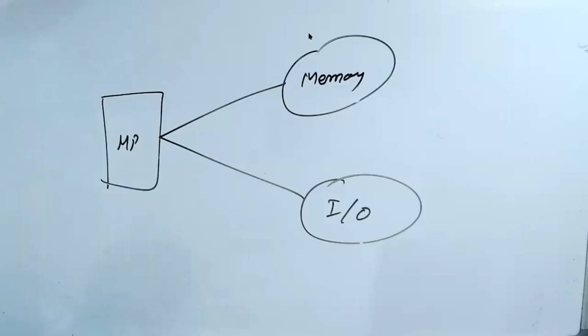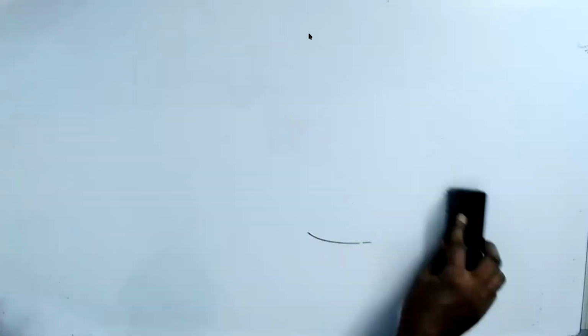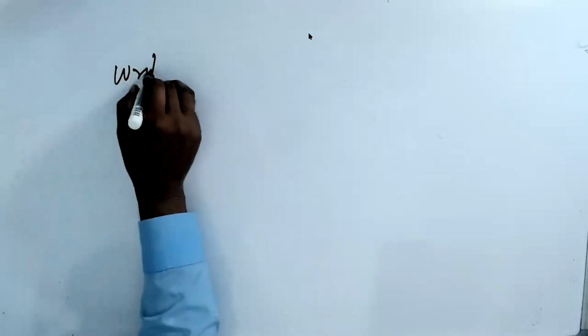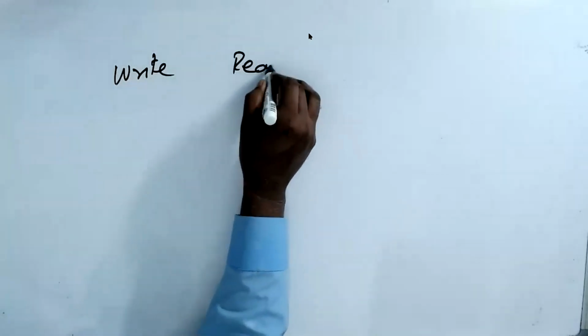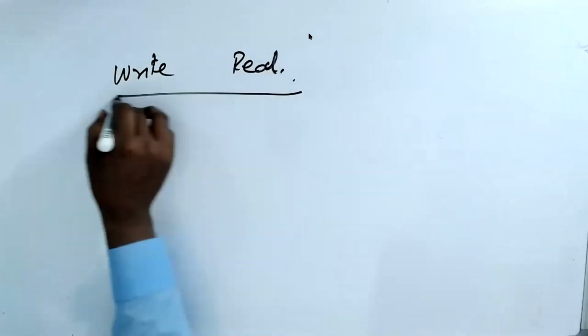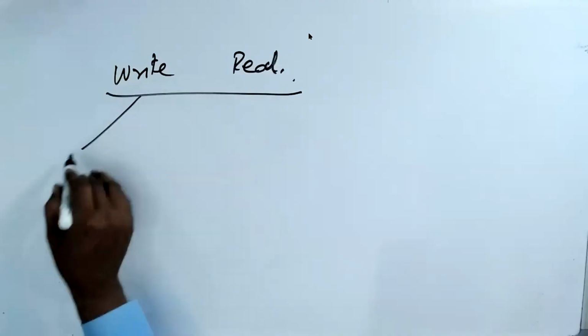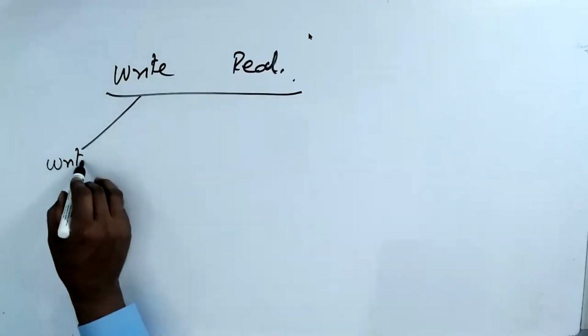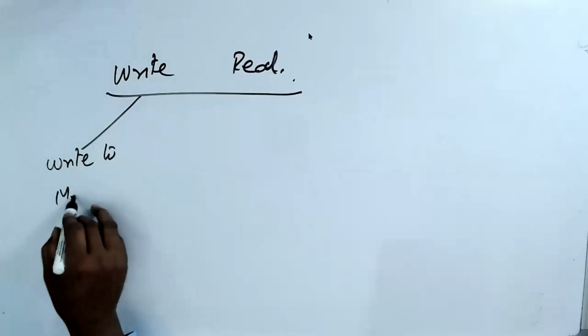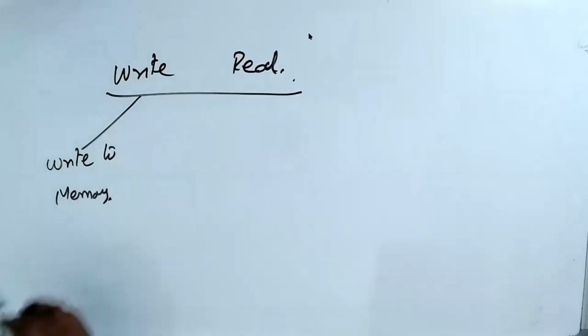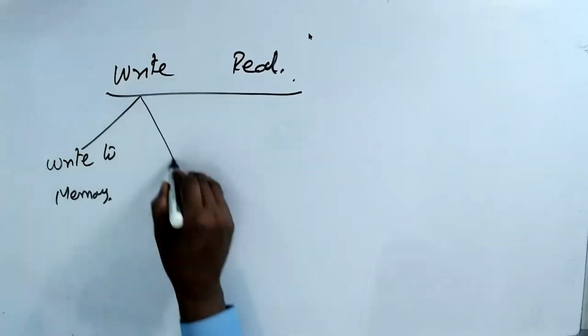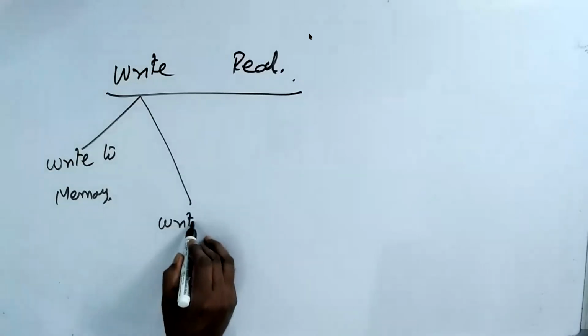Understand one important thing: the microprocessor can do only 2 activities outside. It can do write or read. Here, first thing is write to memory and write to output.